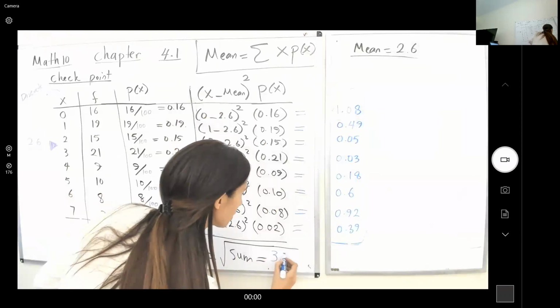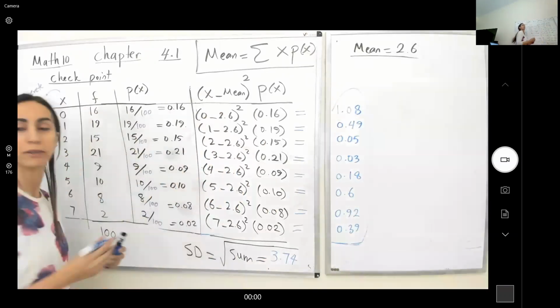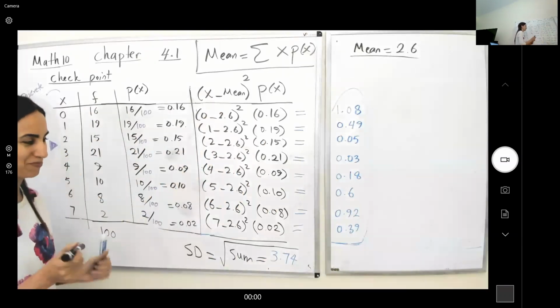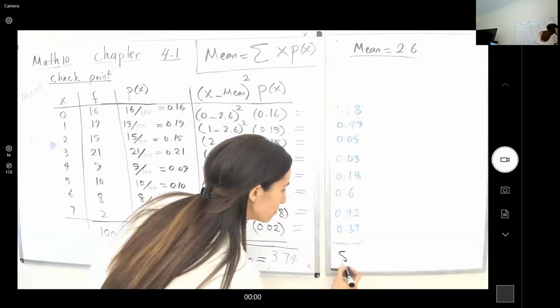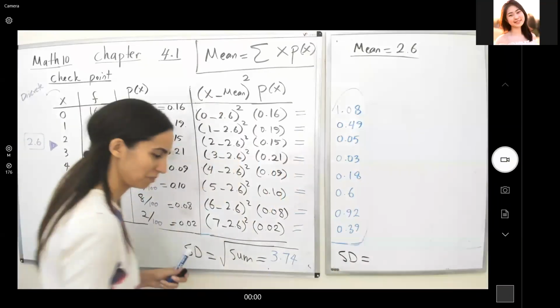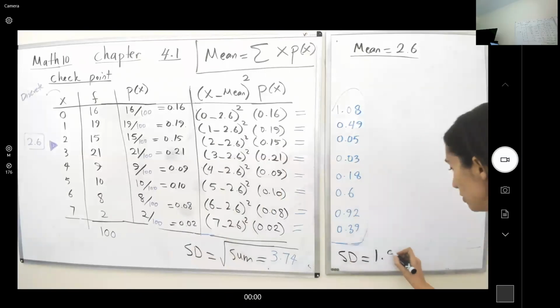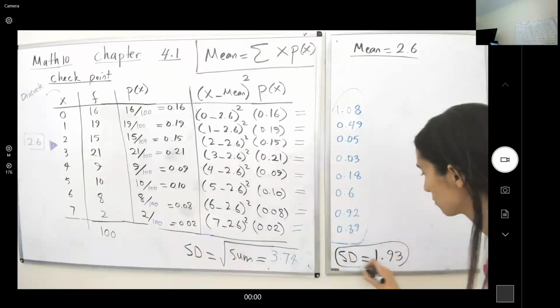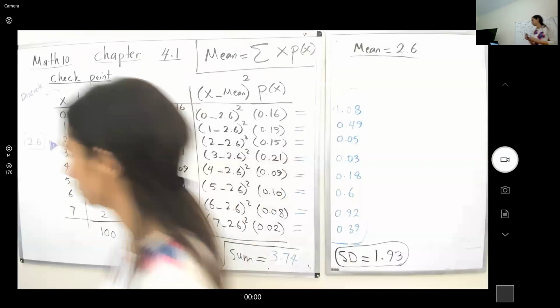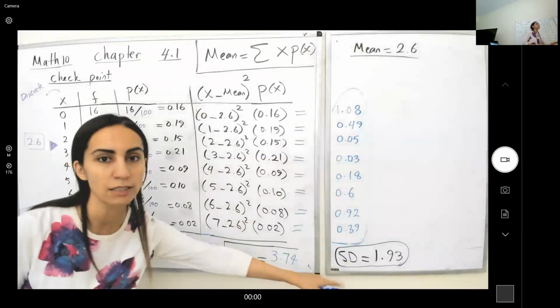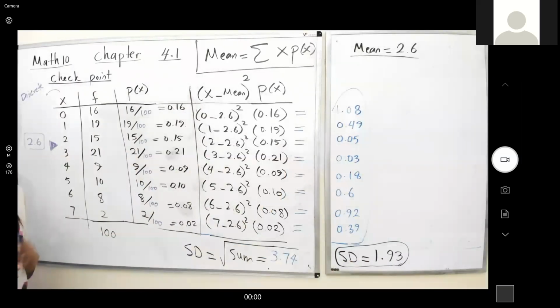And what's the square root of 3.74? 1.93. Standard deviation 1.93. If you round it up, you get 2.